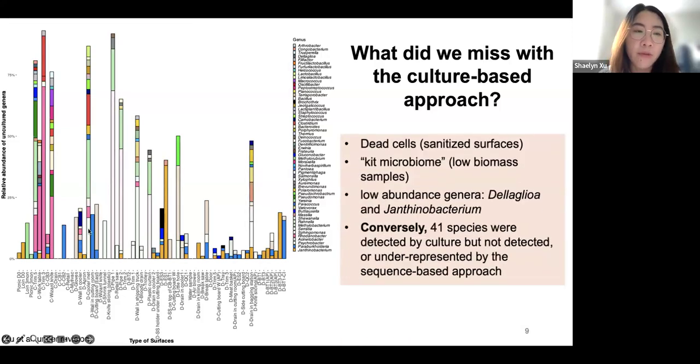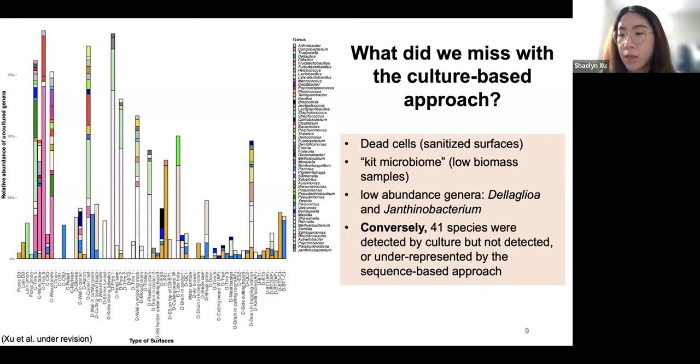Those microbes mainly come from dead cells, because you can see a lot of them are from the sanitized surfaces. There are also some low biomass samples considered as a kit microbiome, for example, the wall surfaces in the shipping truck, as well as the pipes in the facility.